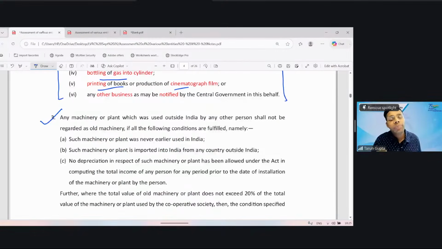In case of 115BAE, concessional tax rate of 15%, one of the conditions is that the corporate society should not use old plant and machinery. But if the plant and machinery is imported, then it's not considered old.